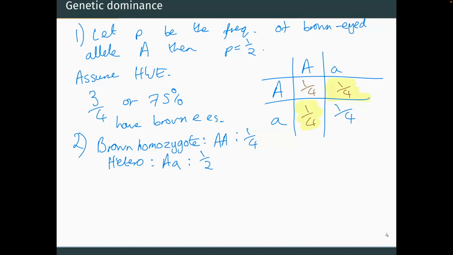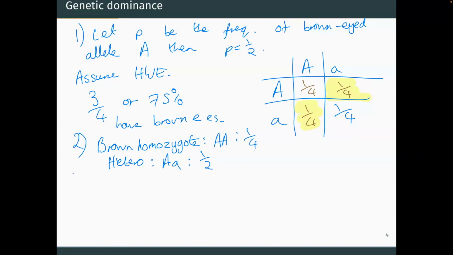So if we're told that both of our parents have brown eyes, what does that mean? Well, 2/3 of individuals that have brown eyes are heterozygous, right? So half of the population is heterozygous, but 2/3 of brown-eyed individuals, so these 2 boxes out of these 3 boxes, are individuals that are heterozygous, right?